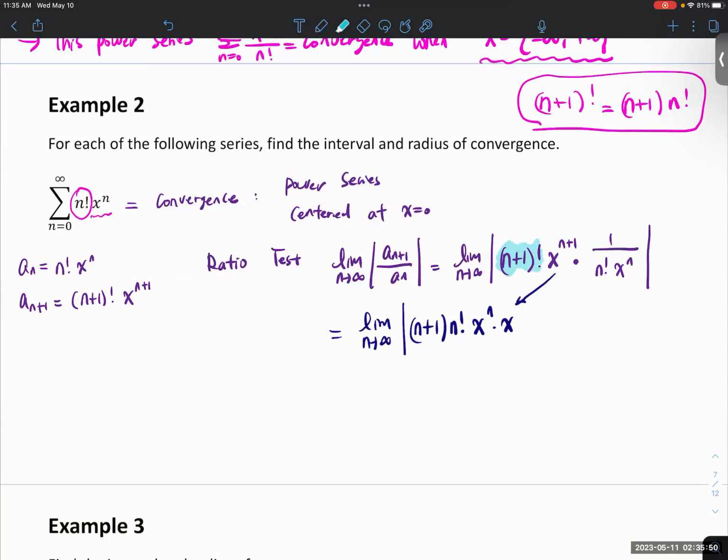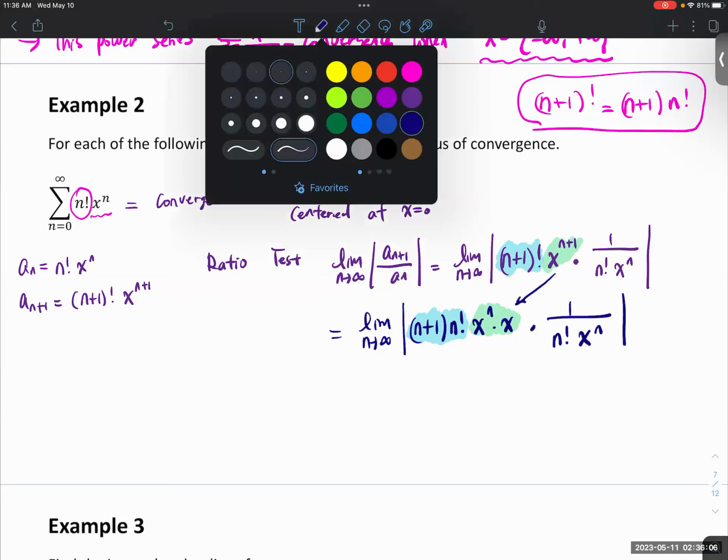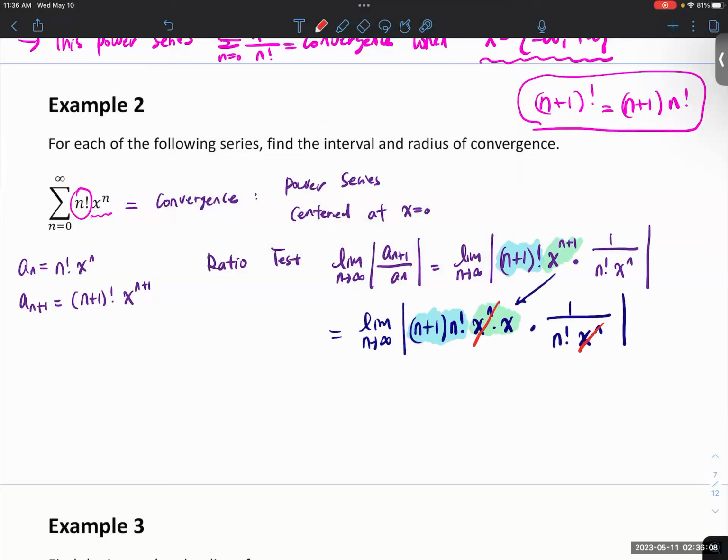And then I'm going to multiply by 1 over n factorial x to the n. Why am I doing this? Because we see this cancellation. All the x to the n, bye-bye, n factorial, bye-bye.